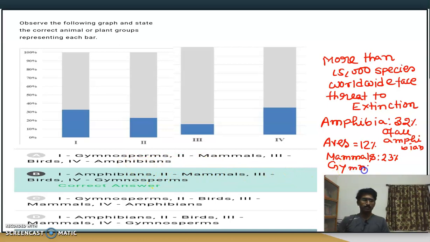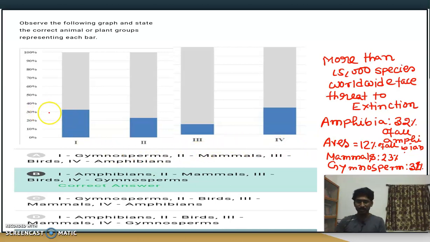So 12% of all aves, 23% of all mammals, and 31% of all gymnosperms are extinct.